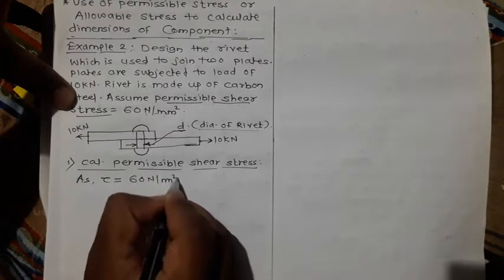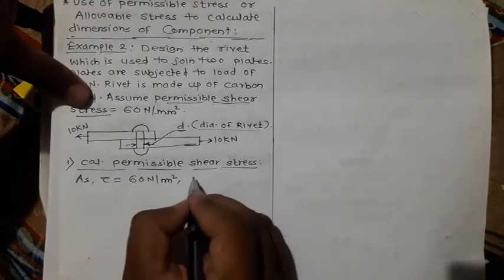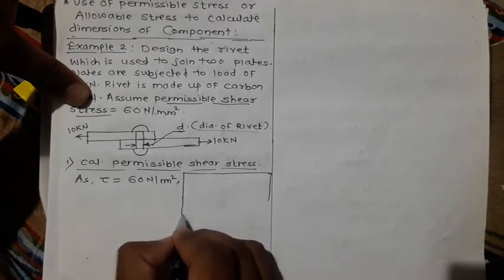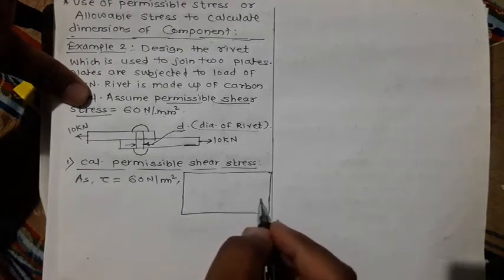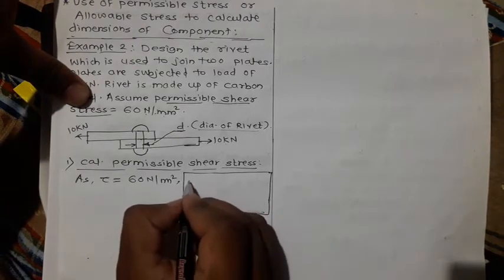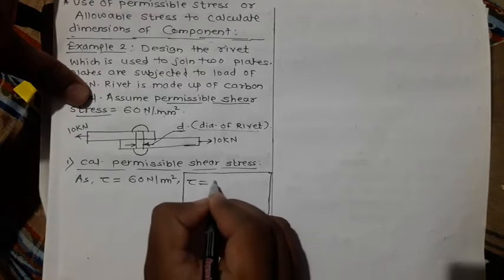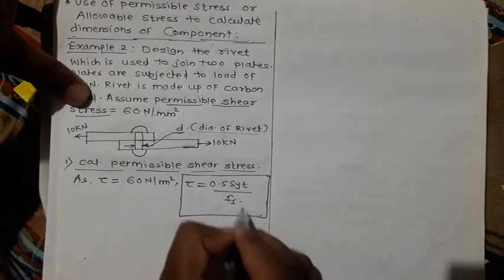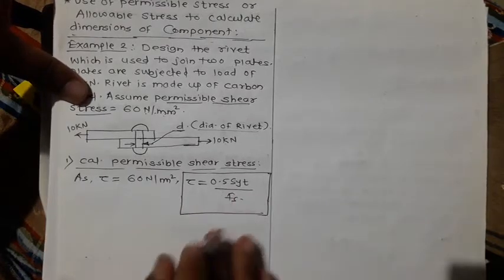We don't have to calculate. Remember that if tau is not given, then we can calculate this tau by equation 0.5 SYT upon Fs. But here as tau is given, so we don't need to calculate tau.